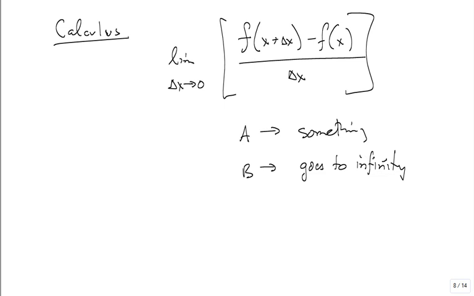You're all budding mathematicians, or at least you passed those classes, you know what I mean? Here I have this quotient, f of x plus delta x minus f of x. What does f stand for? Function. I divide it by delta x. I let the delta x go to 0. It's equal to something, or it goes off to infinity.